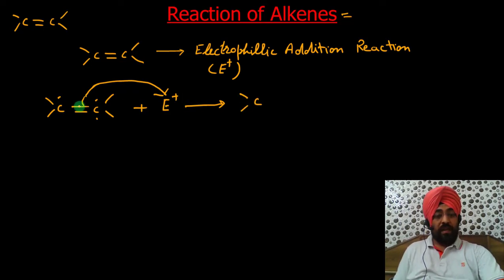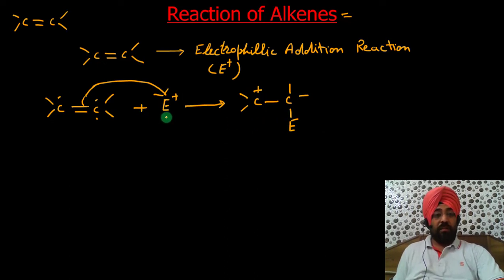Now these electrons have been donated to the electrophile, so the other carbon will get a positive charge. Now it becomes C single bond C, and the electrophile has been added to this carbon. This is the first step in these reactions of alkenes, the addition of the electrophile, and it is the rate determining step.